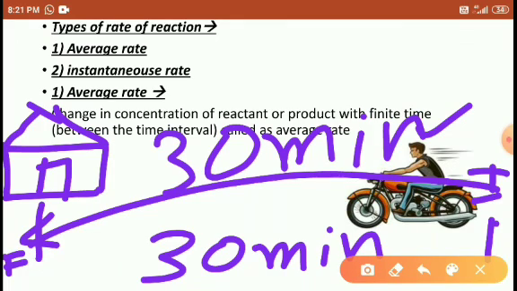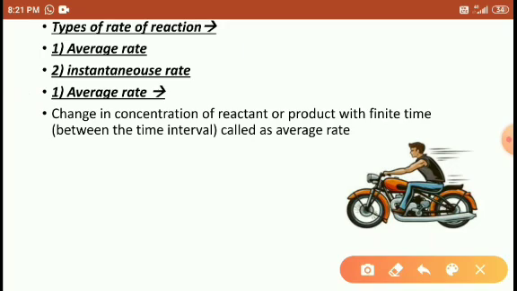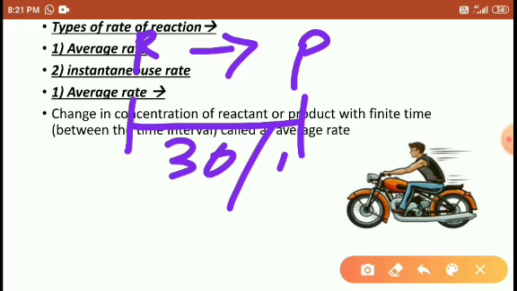It means when the reactants are transformed into product, it requires some finite time. Reactants transformed into product requires some time, 30 minutes, 1 hour, 30 seconds, 1 day, or 1 year.